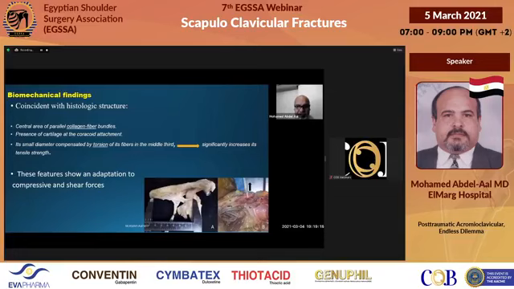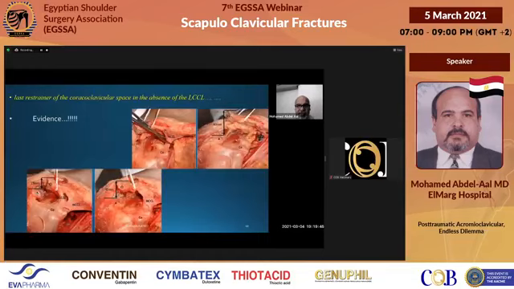And the small diameter of this ligament is compensated by torsion of its middle third fibers to make its tensile strength stronger. This feature shows that it has an adaptation to both the compressive and the shear forces to which the AC joint may be exposed.